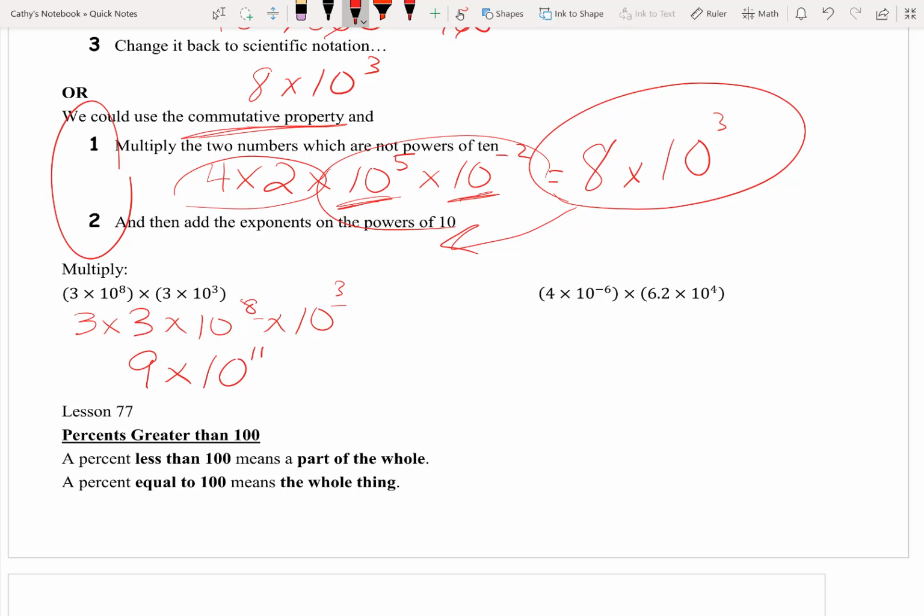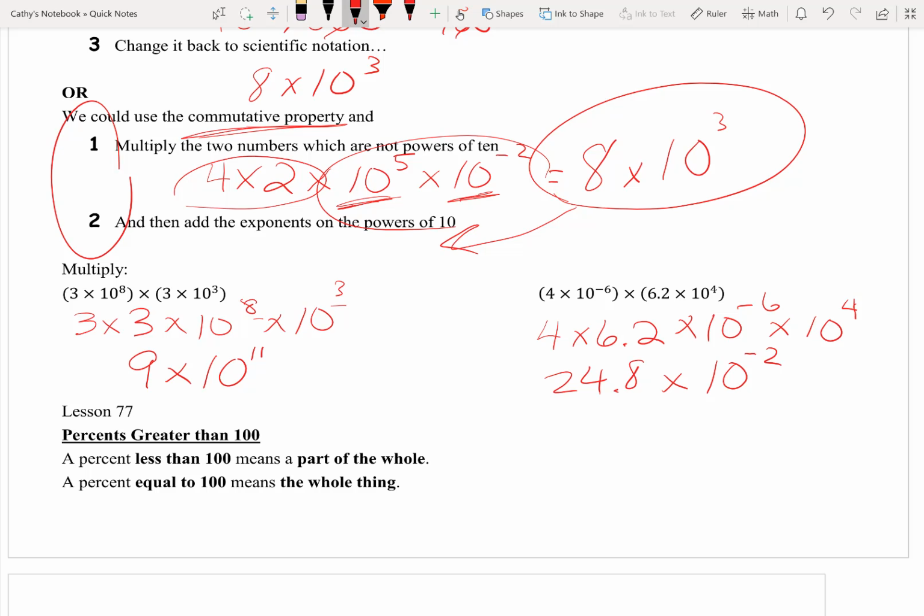Here's another one over here. 4 times 10 to the negative 6 times 6.2 times 10 to the 4th. Rearrange them. 4 times 6.2 times 10 to the negative 6 times 10 to the 4th. Multiply 4 times 6.2, that's going to be 24.8. And then add the exponents on your 10s, so that's going to be 10 to the negative 2. Negative 6 plus 4 is negative 2.